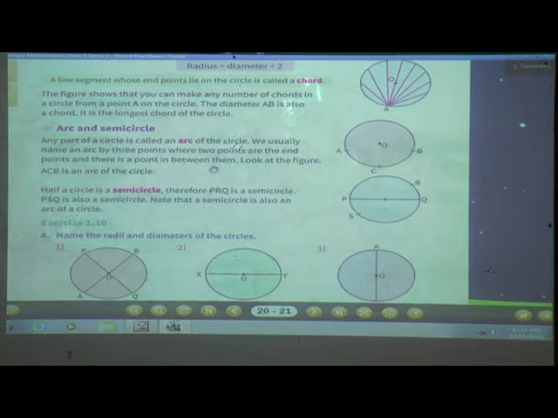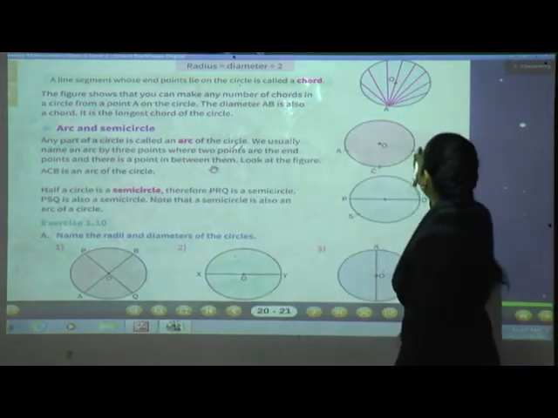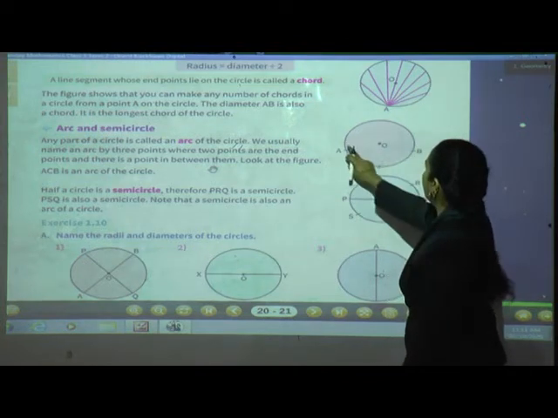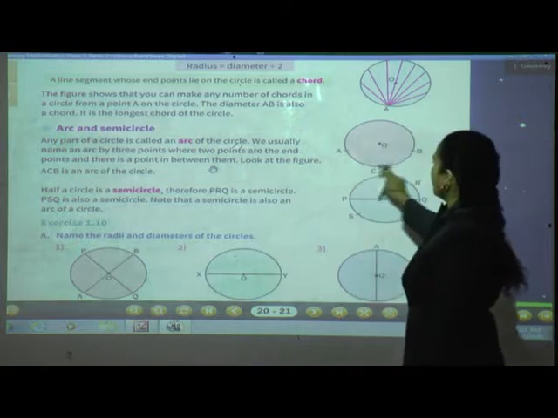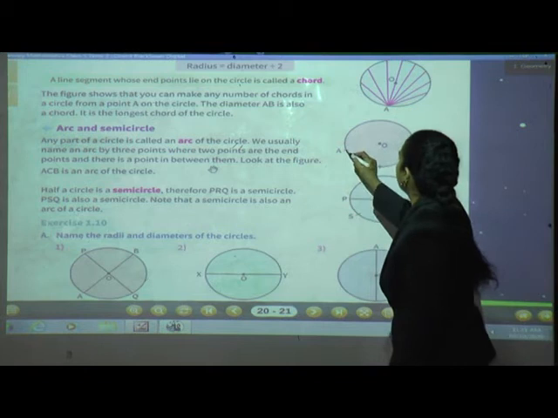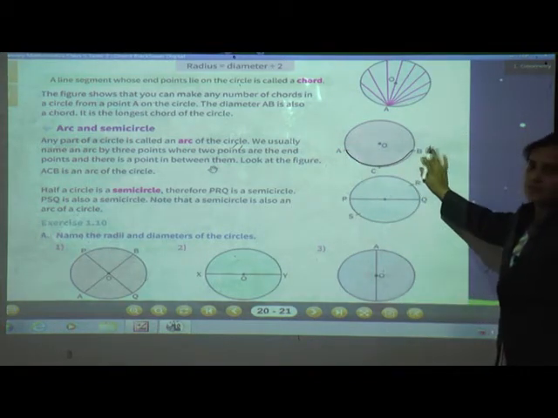We usually name an arc by 3 points, where 2 points are the end points and there is a point in between them. Look at this figure. ACB is an arc of the circle.